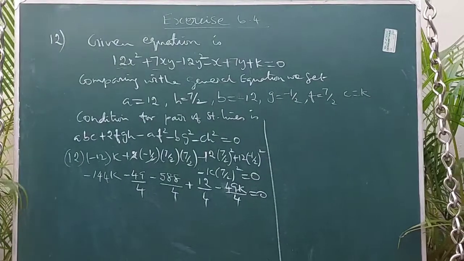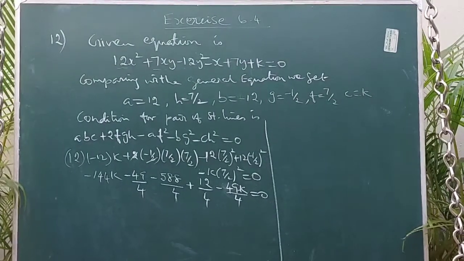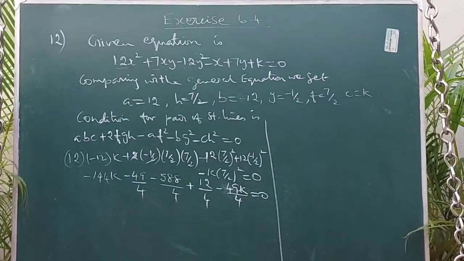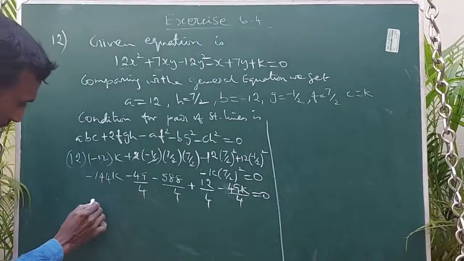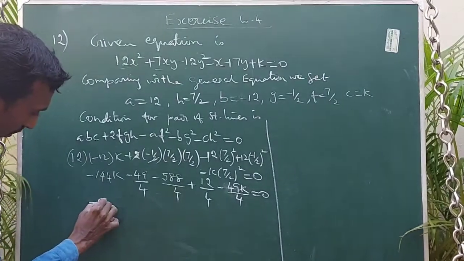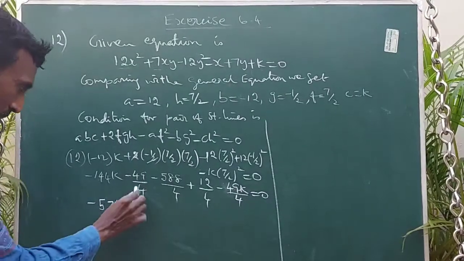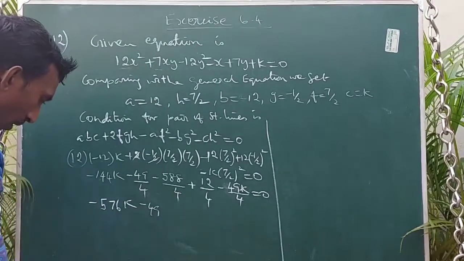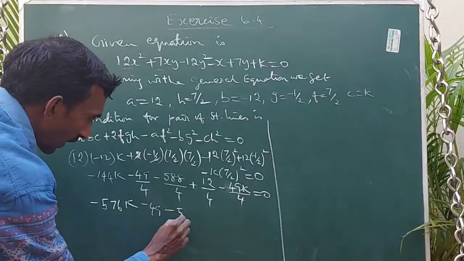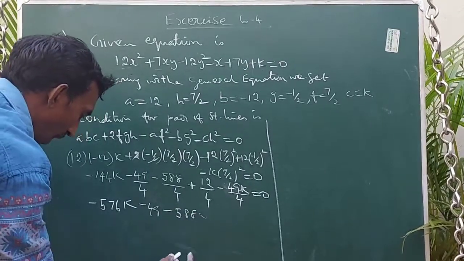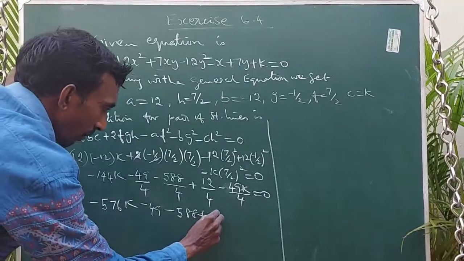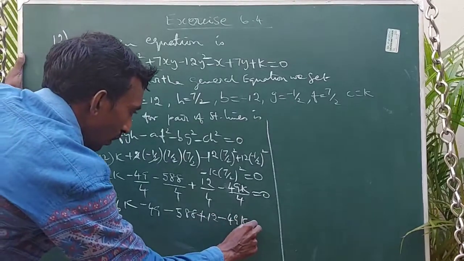So now take the LCM as 4, and what we are getting: 4 into 144, minus 576k, minus 49, minus 588, plus 12, minus 49k equal to 0.